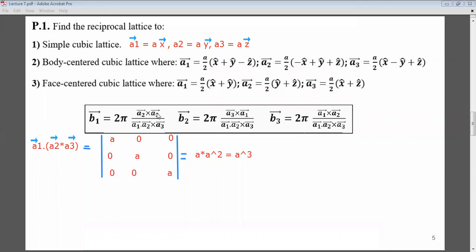Now I need A2 cross A3. To do that, I repeat.